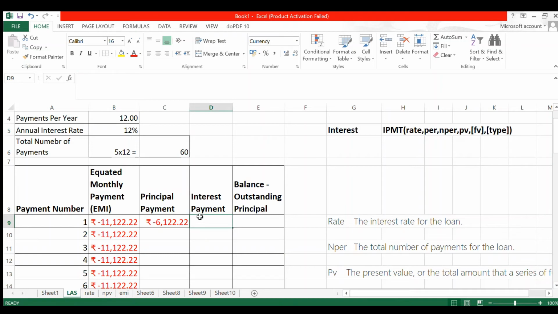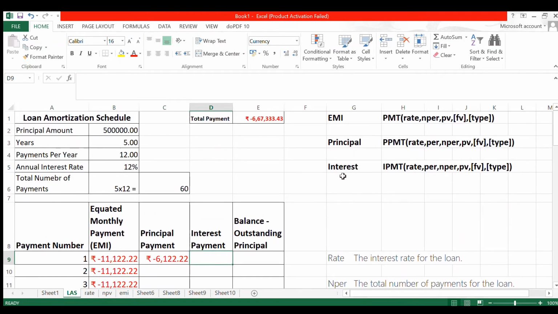So we can calculate the interest payment. For the interest payment calculation, the Excel inbuilt function is IPMT. IPMT also takes the same input values as the PPMT function.